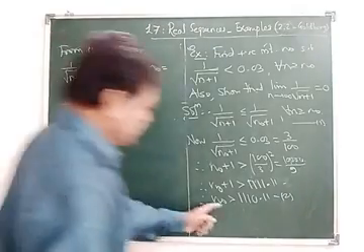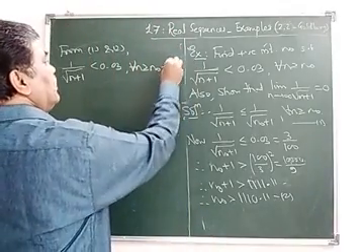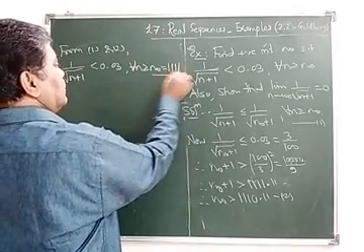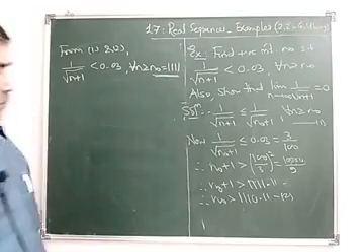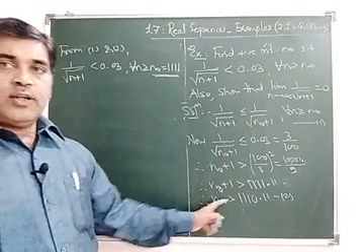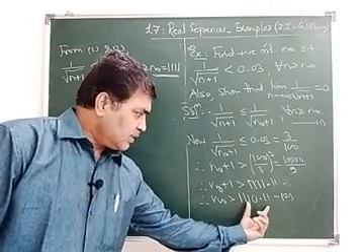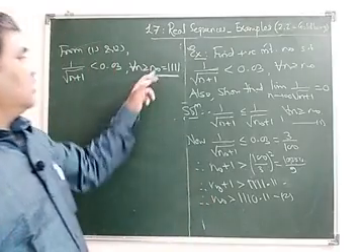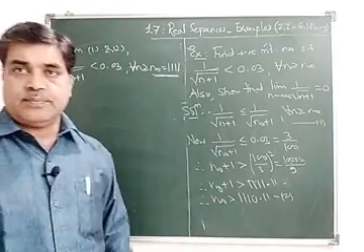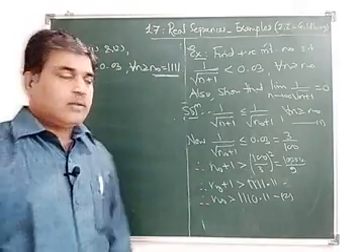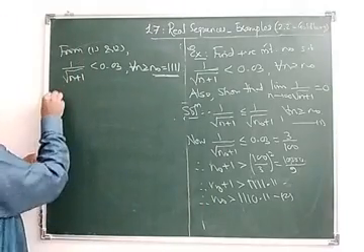I want a positive integer, so I'll take 1111. I want n naught to be greater than this. What is the next n naught? A positive integer greater than this real number, that is 1111. Is it clear?